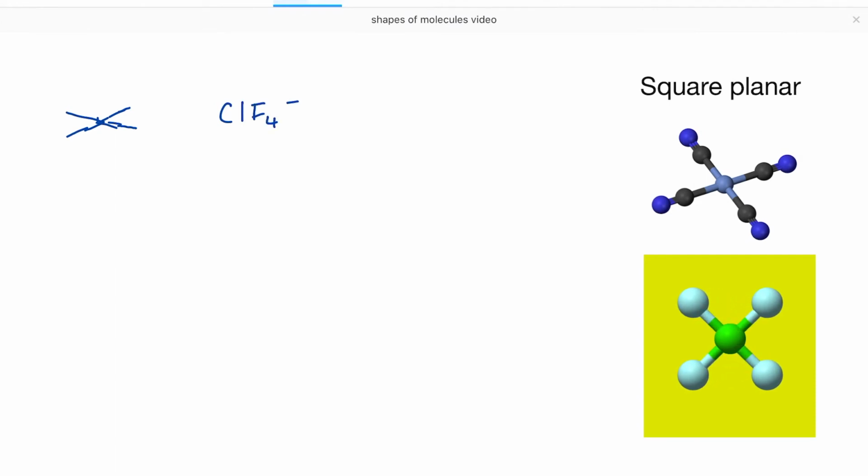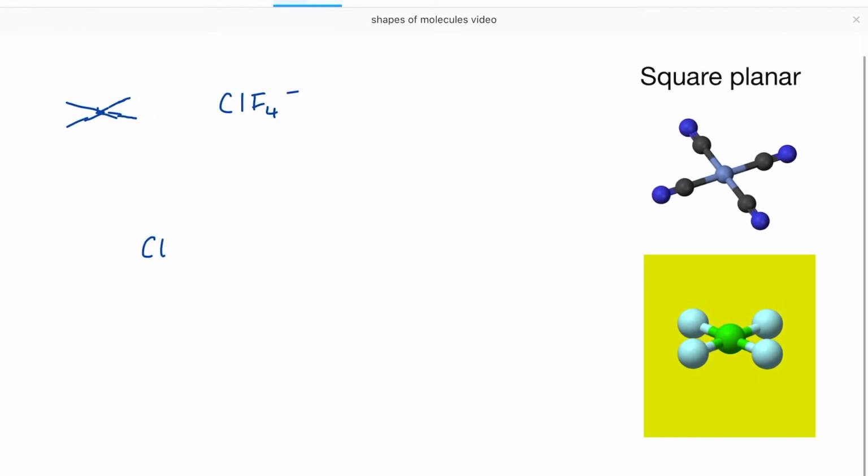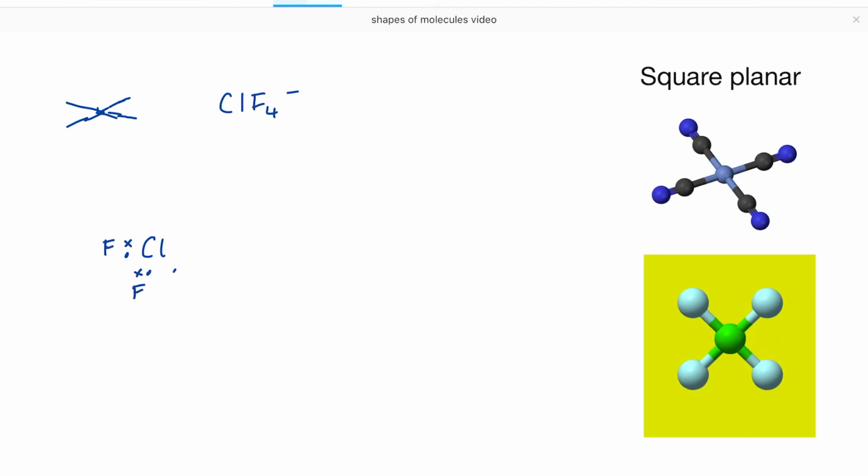F4 minus. So let's start with a dot and cross. Once again, in exams you're often given a molecule or an ion that is unusual to you, so start with a dot and cross. I've got 4 fluorines. We know that fluorine just makes single bonds, so let's start with them. 1, 2, 3, 4.